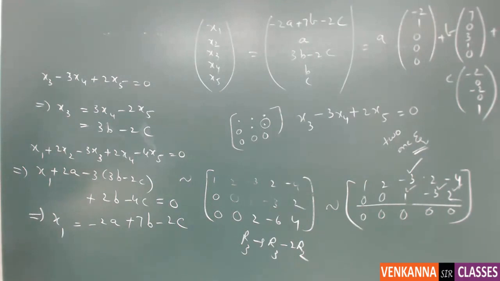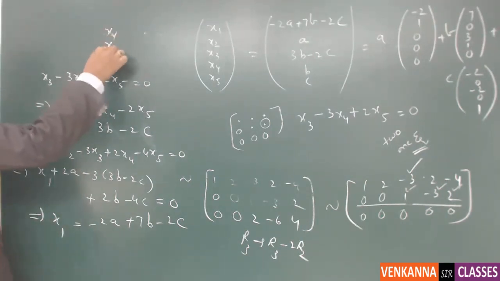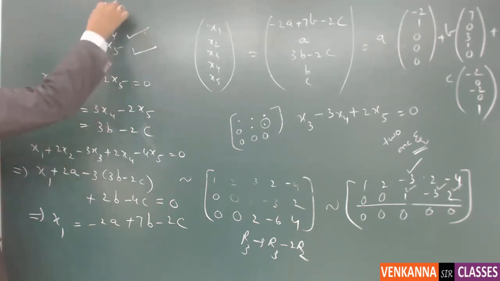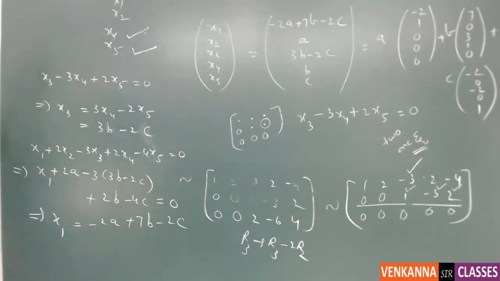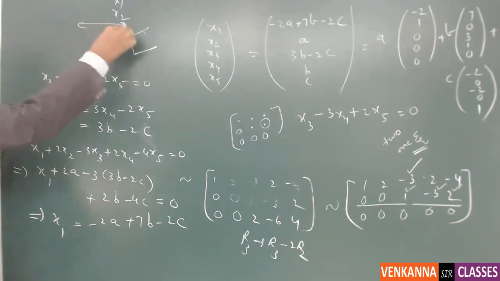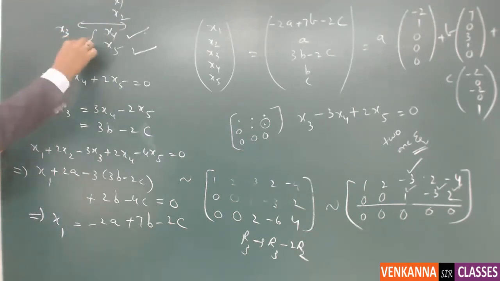Any doubts? x4, x5 usually we take as constants. Among x1, x2 you can pick any one, either x1 or x2. So x3 is dependent on these two, x4 and x5. That's it. Okay.